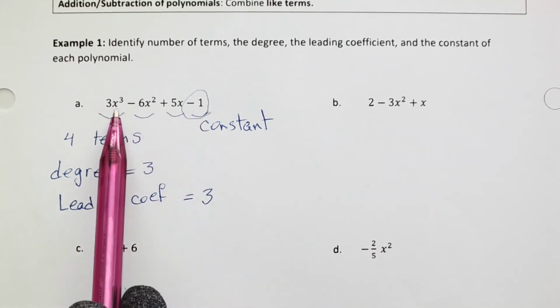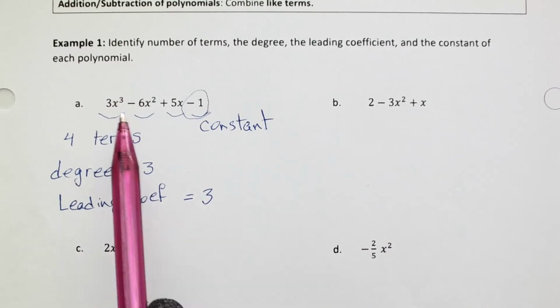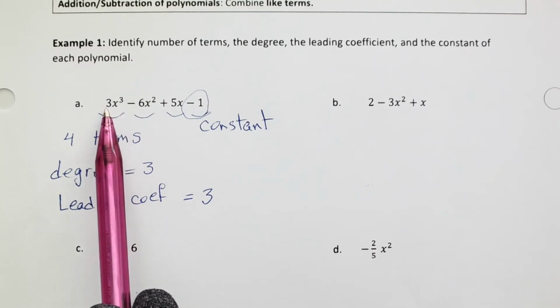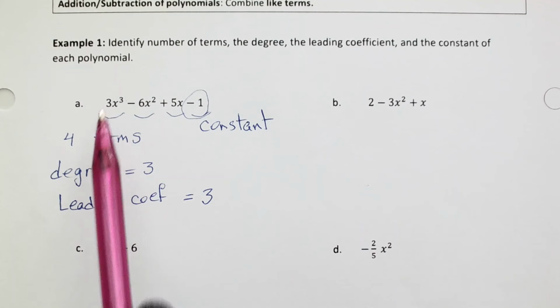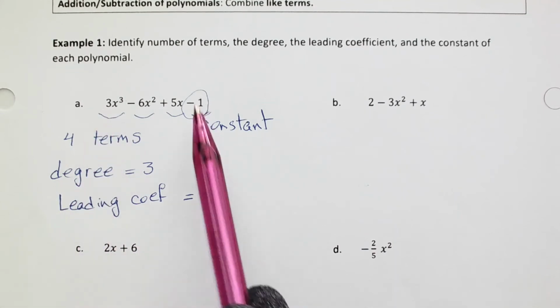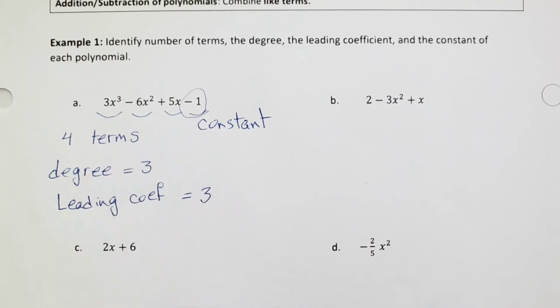The highest power of x is 3, so the degree is 3. 3x cubed is the term with the highest power of x, so its coefficient 3 is the leading coefficient, and negative 1 is the constant of this polynomial.